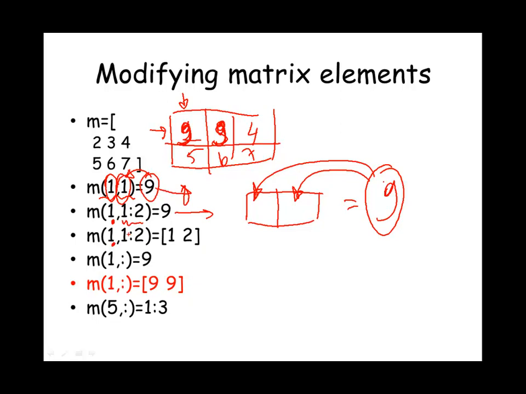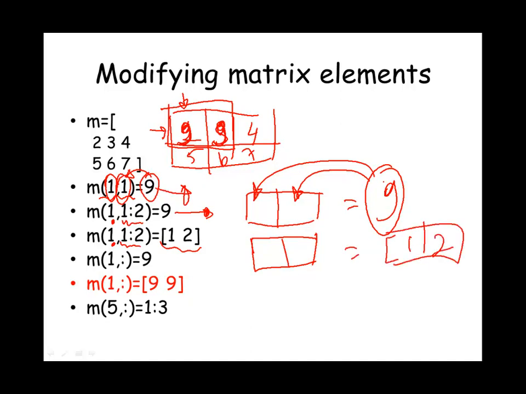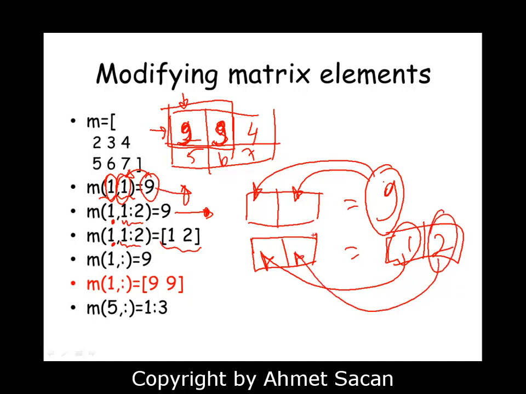In the next example, we are again referring to the first row and first 2 columns, so we are referring to the same 2 boxes as the previous example. But now on the right-hand side of the equal sign, we have another vector, [1, 2]. When you have an equal number of elements on the right and on the left-hand side of an equal sign, MATLAB will take the first element on the right and place it in the first element on the left, take the second element on the right and store it in the second element on the left.